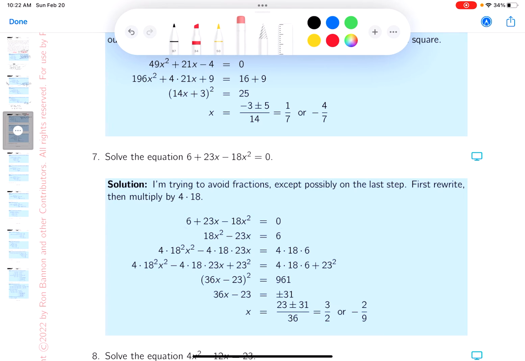Well, I'm looking at the 18, and I really have to see that in the middle too. I got to get that 18 in the middle, so I multiply both sides by 18. But I also need to make that an even number in the middle with the perfect square. Let me write this down for you.